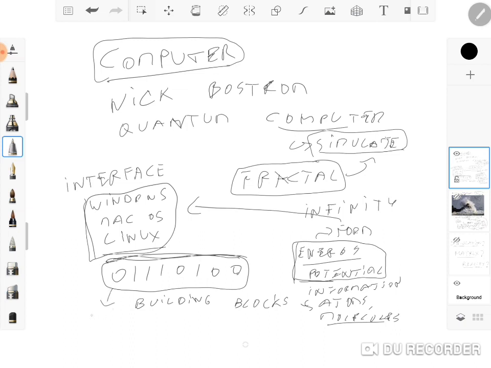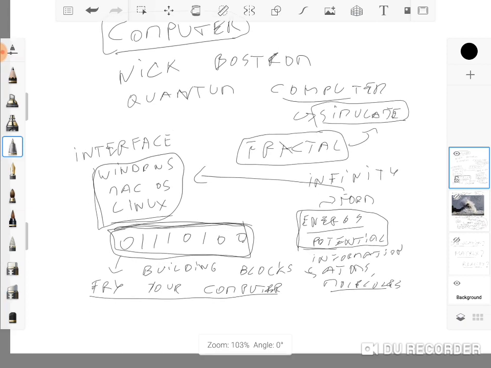I mean, you could fry the circuits of your computer if you were allowed access to zeros and ones. You could make your graphics card turn backwards. You could overclock your processor 1,000,000%.